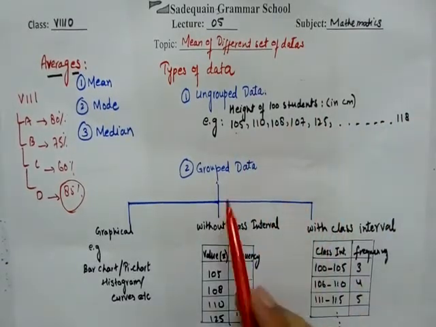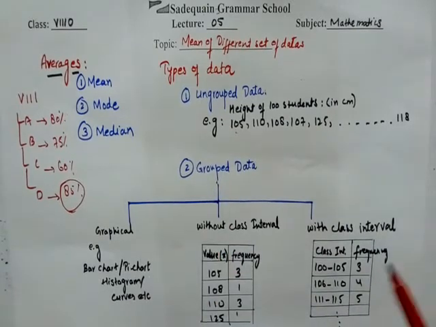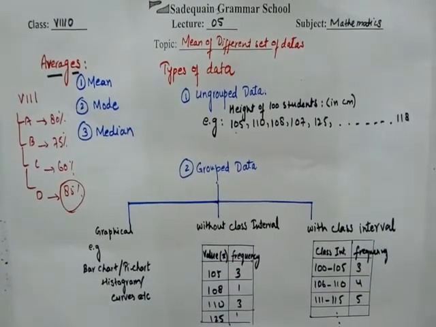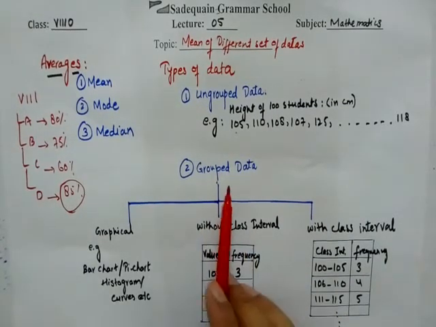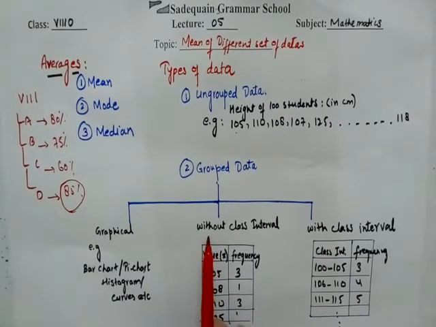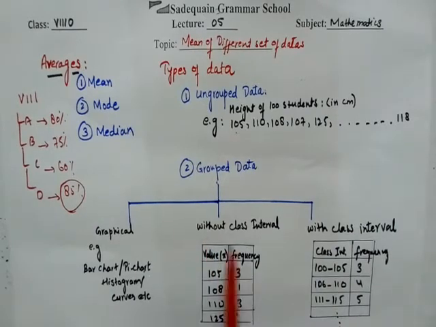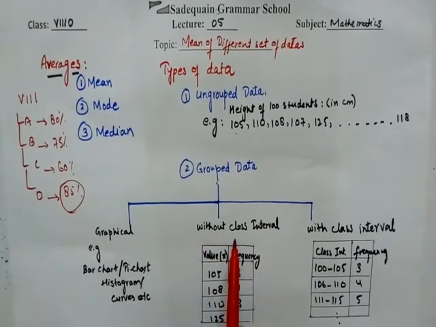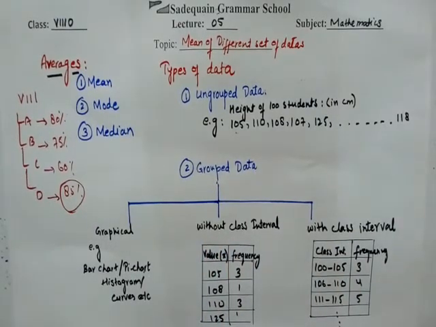Now, grouped data is used where we have a very large set of data and it has to be organized. Grouped data has further types: graphical, where you have already studied bar charts, pie charts, histograms and different curves, and data written in the format of class interval or without class interval.